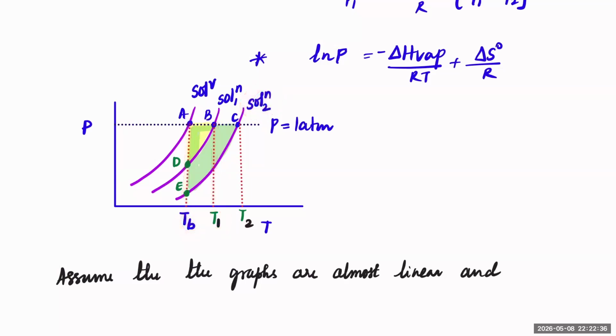So you can see if you add a non-volatile solute, the boiling point of that liquid is actually increasing. That's why we say it is an elevation in the boiling point. Why we use the word elevation is because the overall boiling point of the liquid is increasing. Got it. Now notice one thing here.